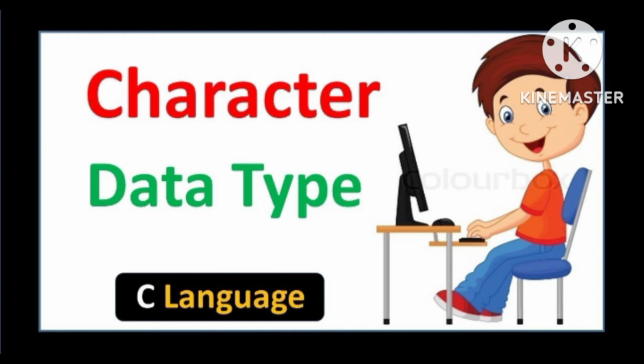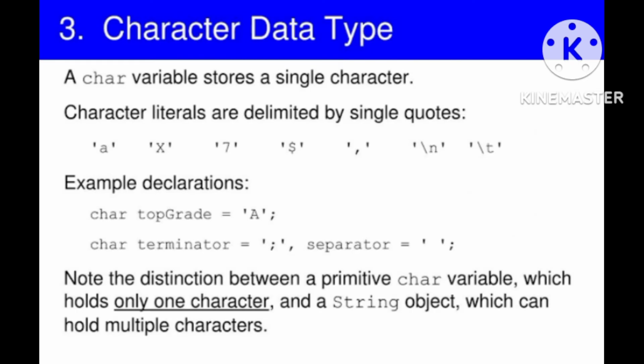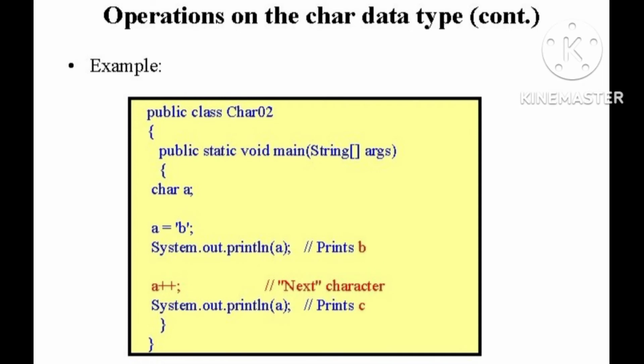Data type is char, size 1, range -128 to 127. Examples of characters: char s = 'a', char s = '9', and char s = '>'. And this is also an example of the character data type.